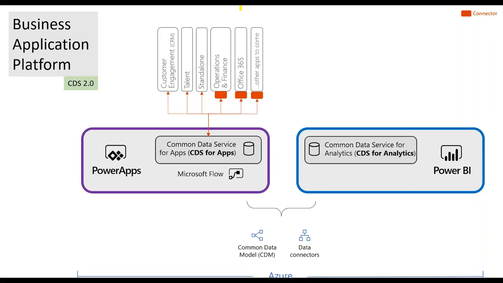Many of the common ones that you know, like account and contact, and things like incident or case, opportunity and lead. A lot of these entities can be used across many different applications. So for example, operations and finance also has the concept of a contact. It also has the concept of an account or customer. And the CDM can also be extended.